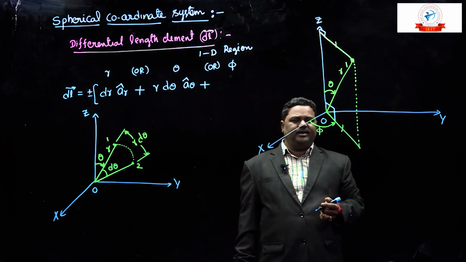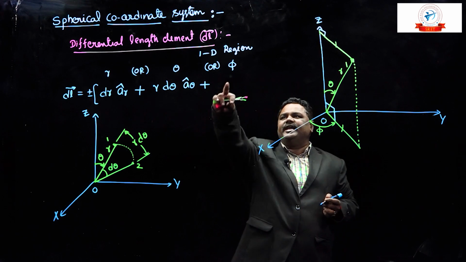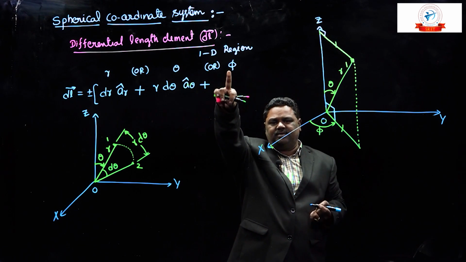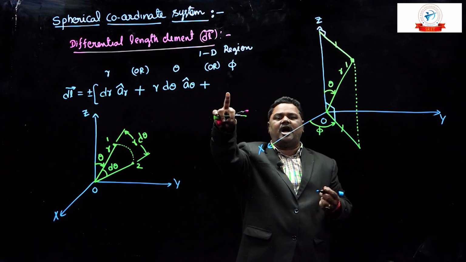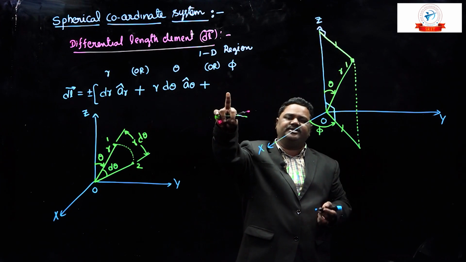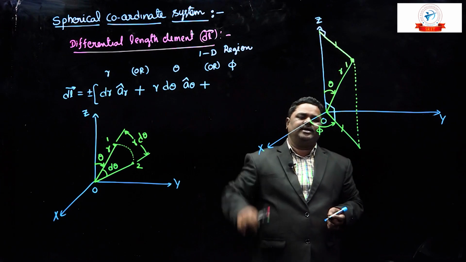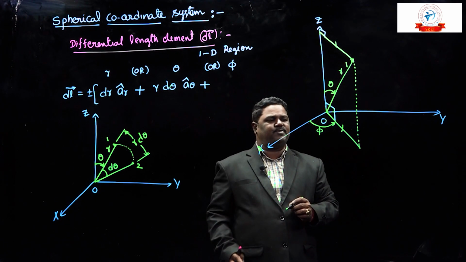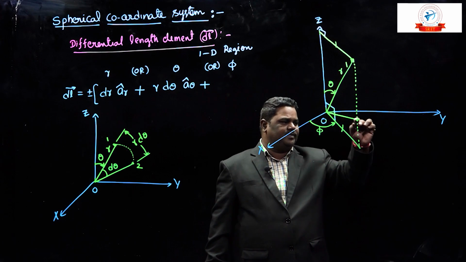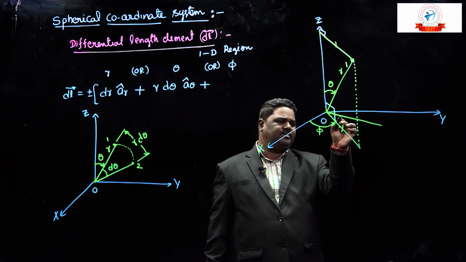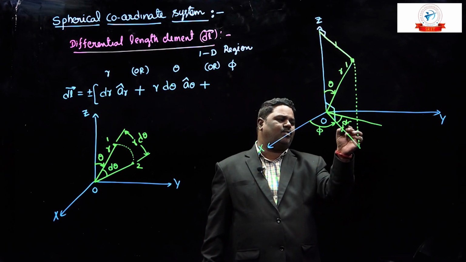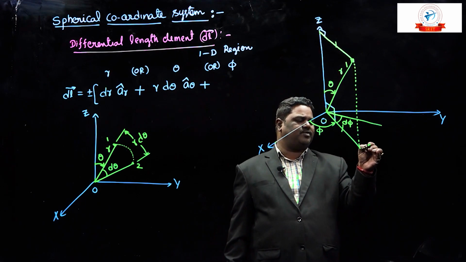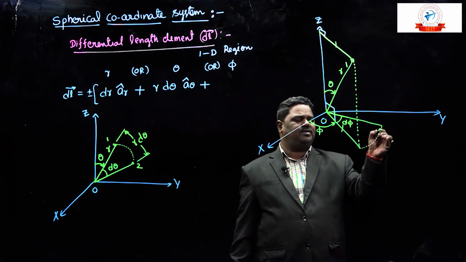This is fine. Now what we need to understand is, if you increase the phi value by a differential or small amount, how much differential length will be generated. That's what we need to find. So let me increase the phi value by a differential amount. Then this projection moves from one location to another location.